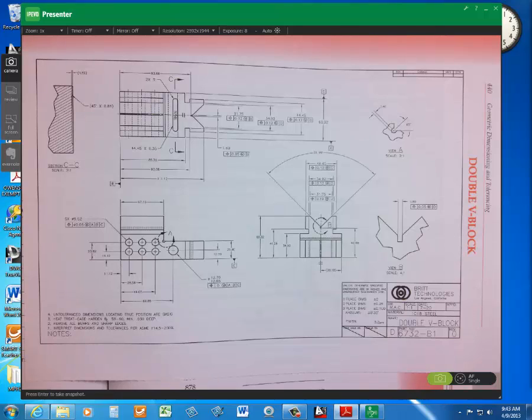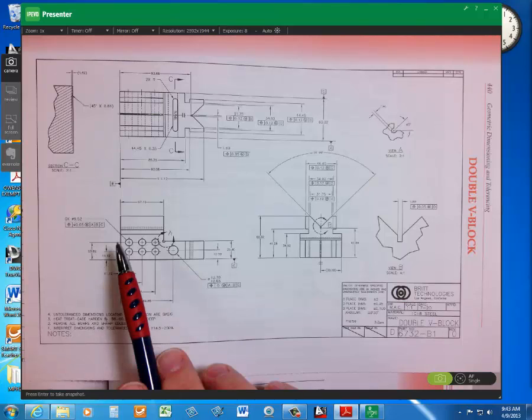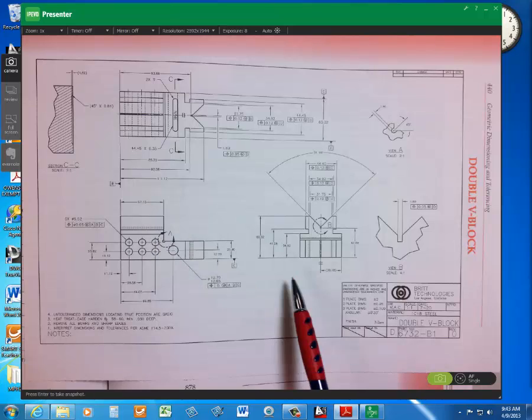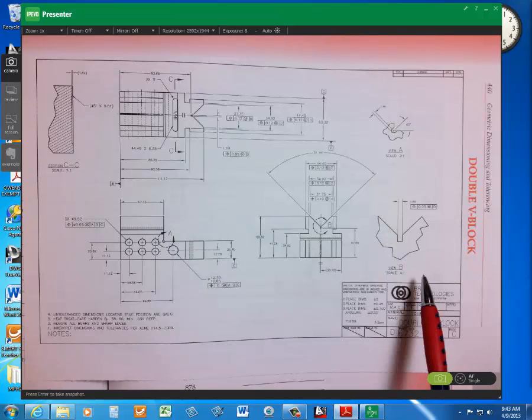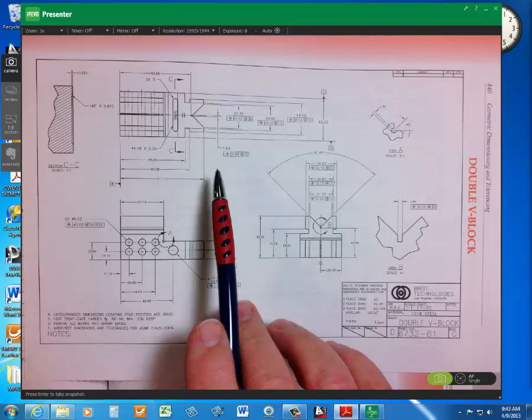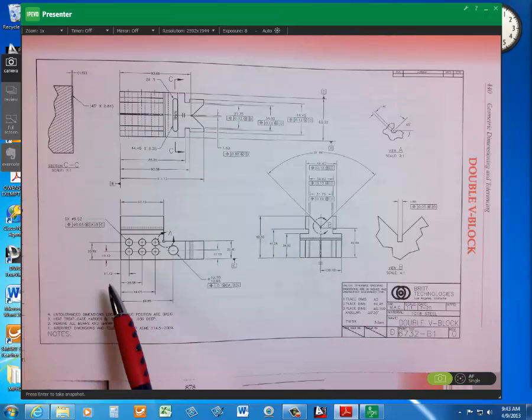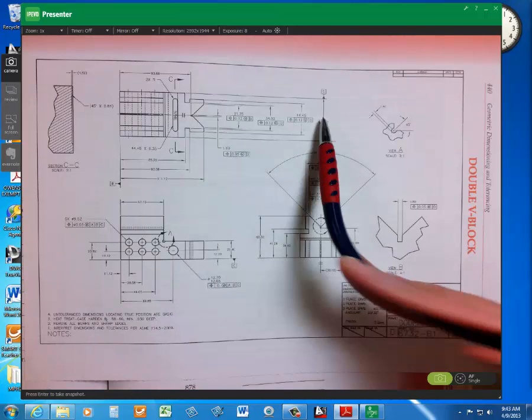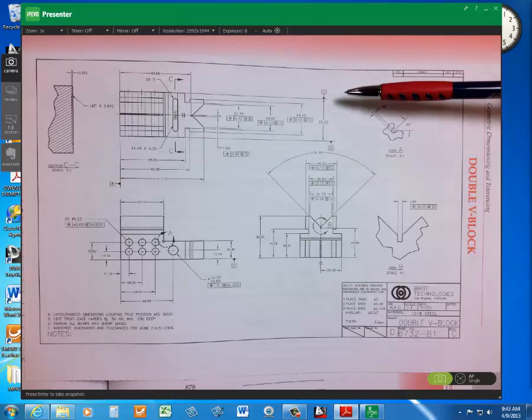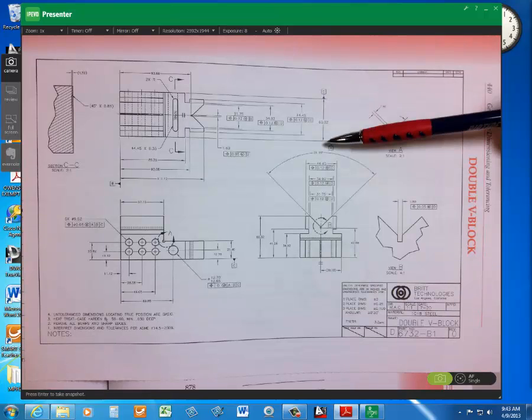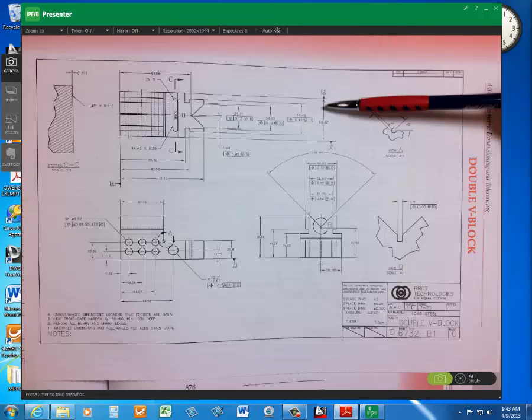Then datum D. All right, let's look for datum D. I think I have this stuff memorized. Top view. Top side. There it is. All right, so it's the total width, which is a very odd number too, 60.32.